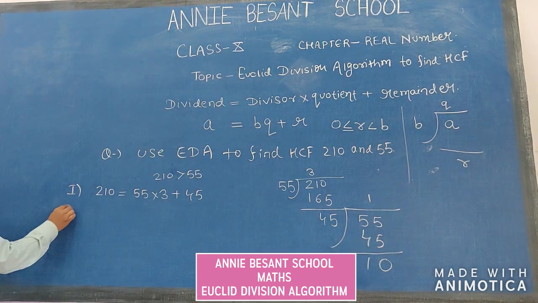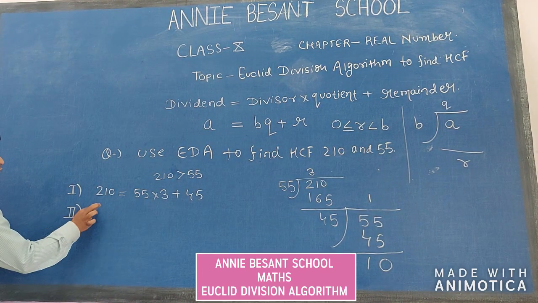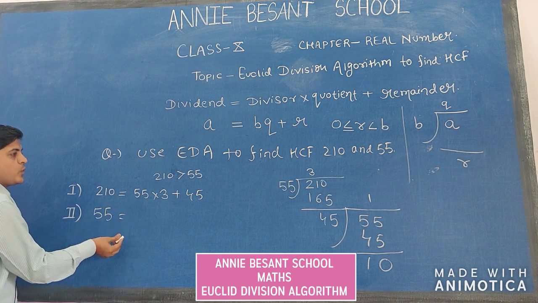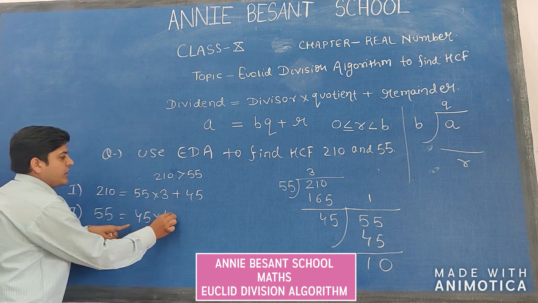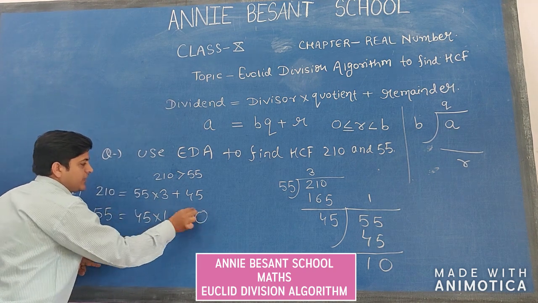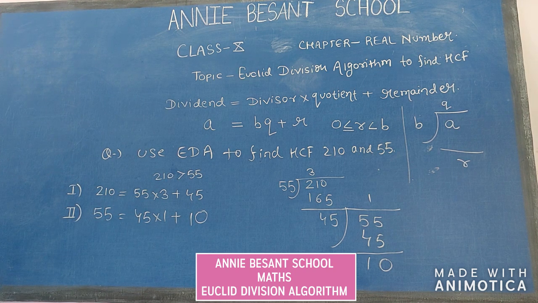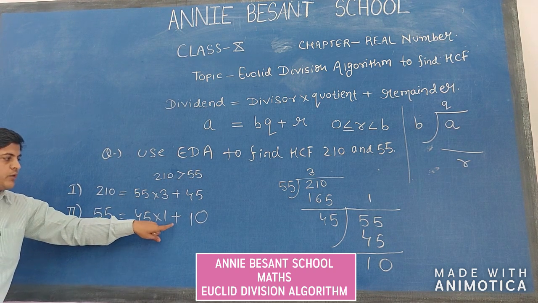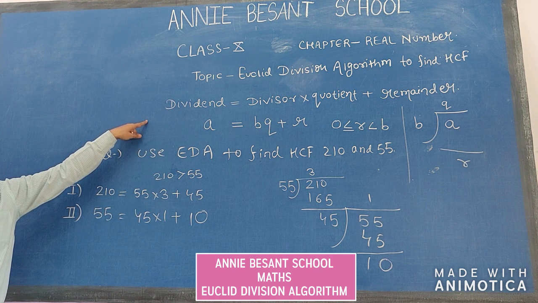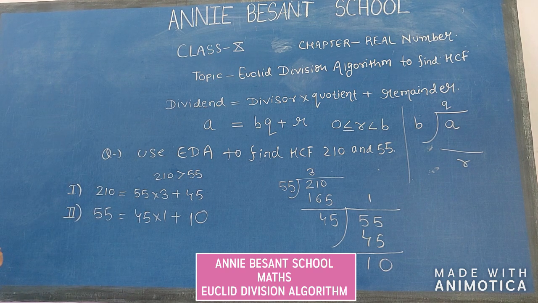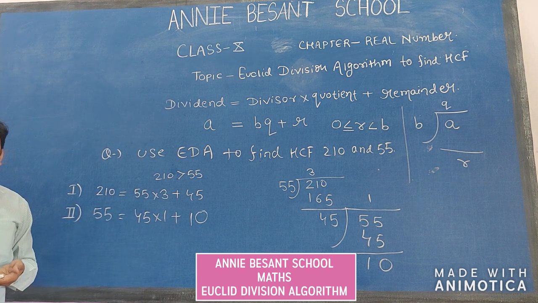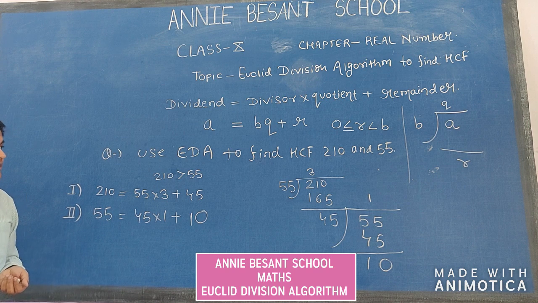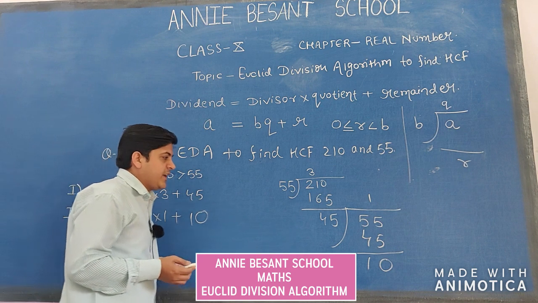The quotient is 1 and the remainder is 10. So in the next step, 55 is equal to 45 into 1 plus 10. It is like A is equal to BQ plus R. But the remainder is not 0. So we continue that process again and again until the remainder is 0.